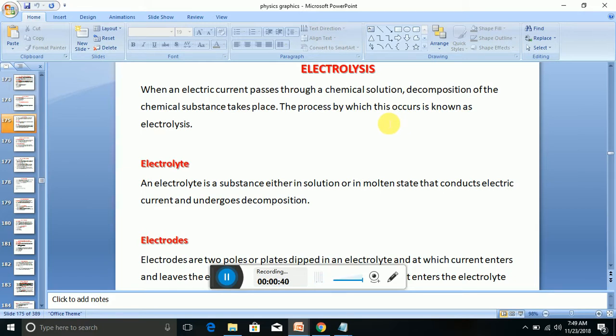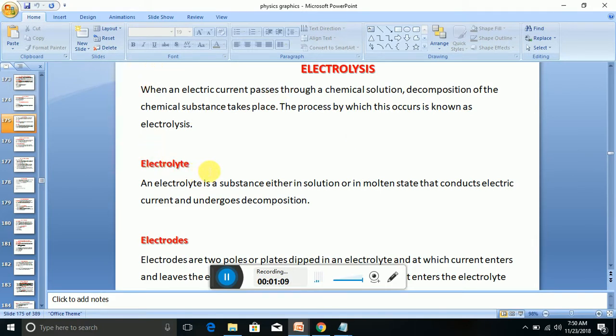So electrolysis is the decomposition of the chemical substances inside a chemical solution that is caused by the passage of electric current. So you have a solution, then you pass electric current inside it. There is decomposition. You see movement of cations and anions. So that is electrolysis.